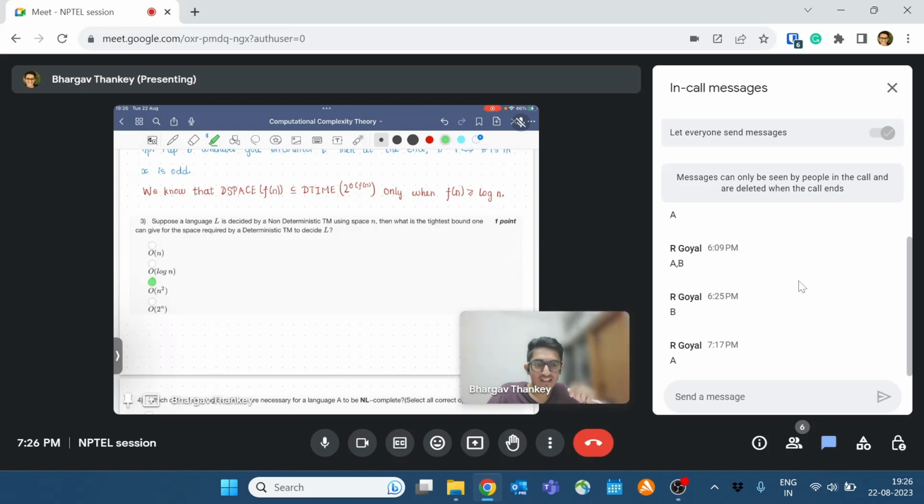We also used to write sine inverse x, and over there we did not mean 1 over sine x, we meant the inverse function of sine x. So it's better to write f(n) whole square, but f square n is still a widely used notation.